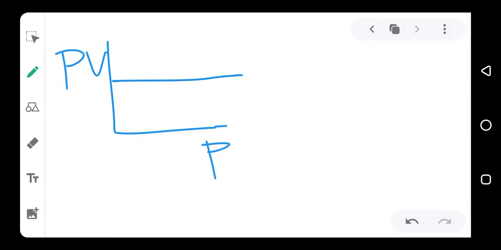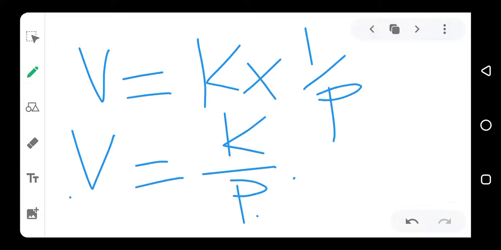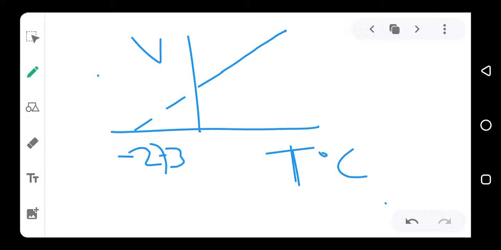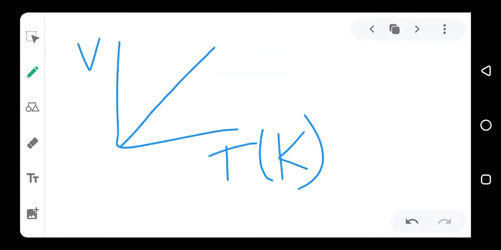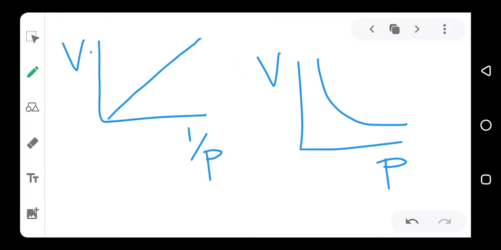For Charles law, we have this graph when the temperature is in degrees Celsius, and this when the temperature is in Kelvin. Then for Boyle's law, when we are varying the volume with the inverse of the pressure, we have a straight line graph passing through the origin.